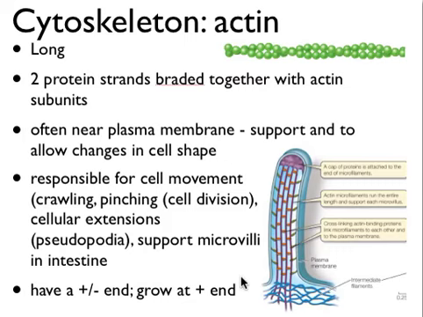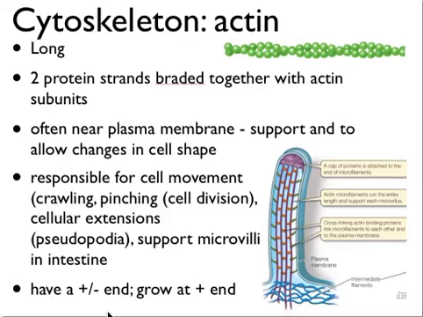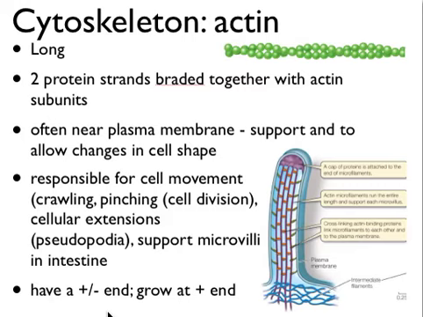It's responsible for cell movement, so the crawling, the pinching in cell division, cellular expansion, so pseudopodia, and supports microvilli in the intestine. So this is a microvilli in the intestine, and these are actin filaments supporting it. They have a positive end and a negative end, and they usually grow towards the positive end.